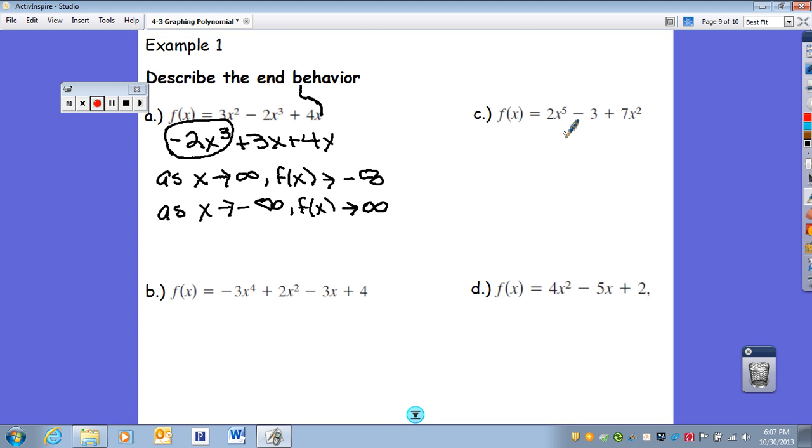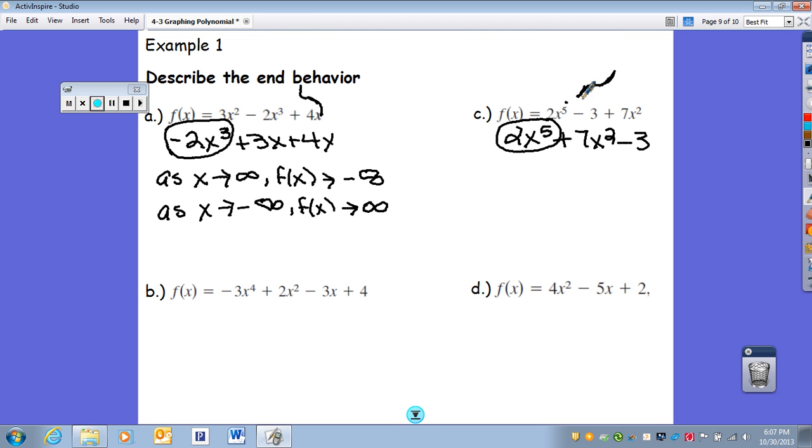In our next example, we will go over here to the right. We are going to see that again, we're not in standard form, so we'll put our function into standard form. The degree of our polynomial is to the fifth degree, and our leading coefficient is positive. So this time, our function is going to look something like this.